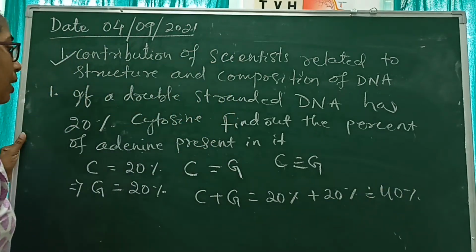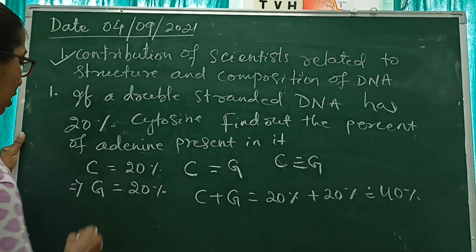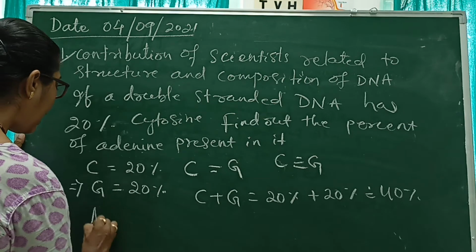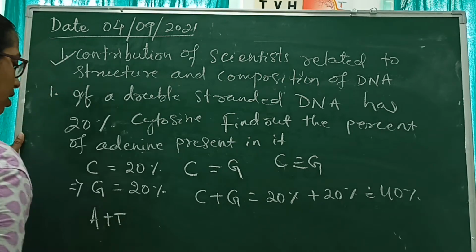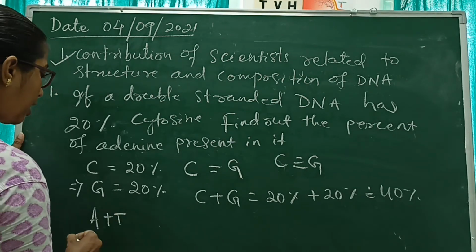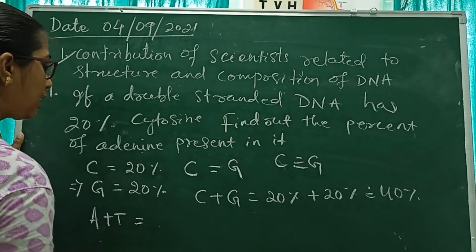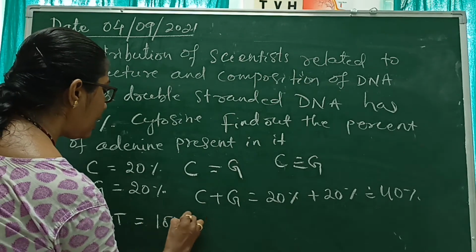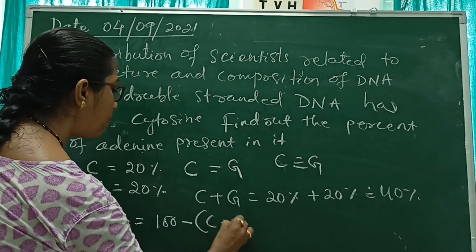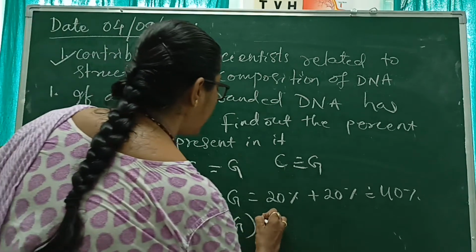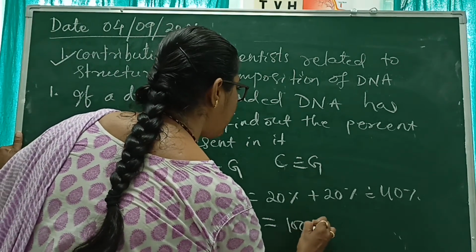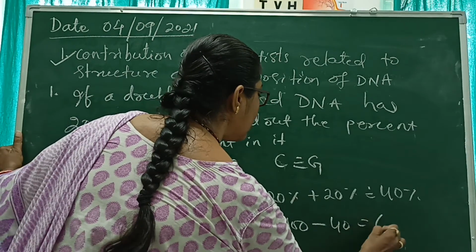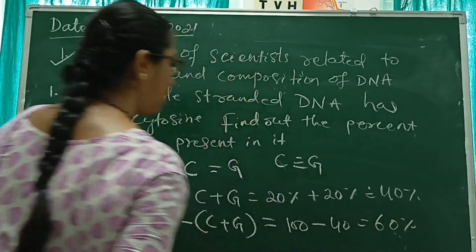And what about A and T? So now what is remaining? A plus T. What will be A plus T? A plus T is equal to 100 minus C plus G, that is 100 minus 40, which is equal to 60%.